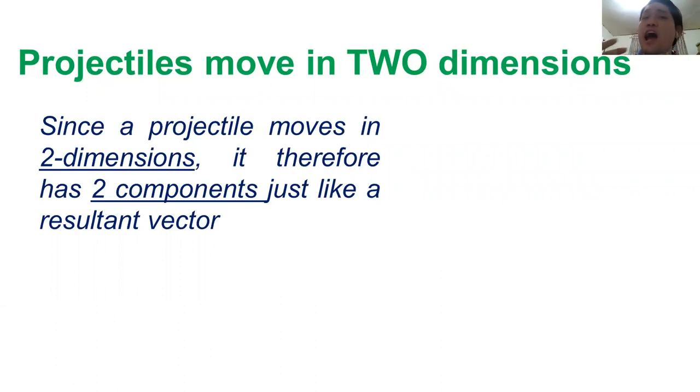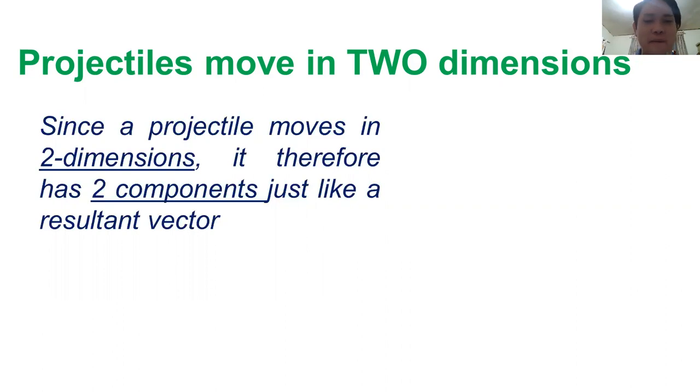Since a projectile moves in 2 dimensions, class, it therefore has 2 components, like vectors, correct? Just like a resultant vector.